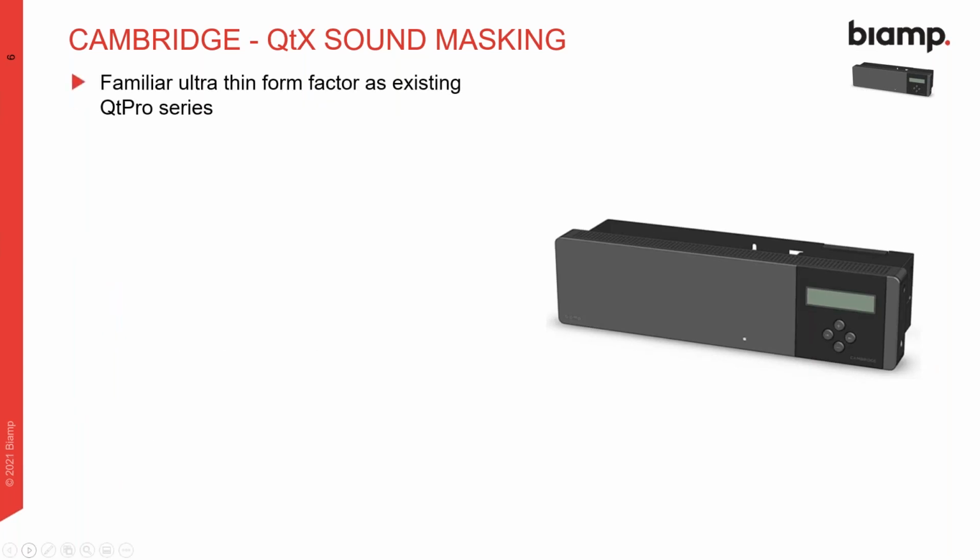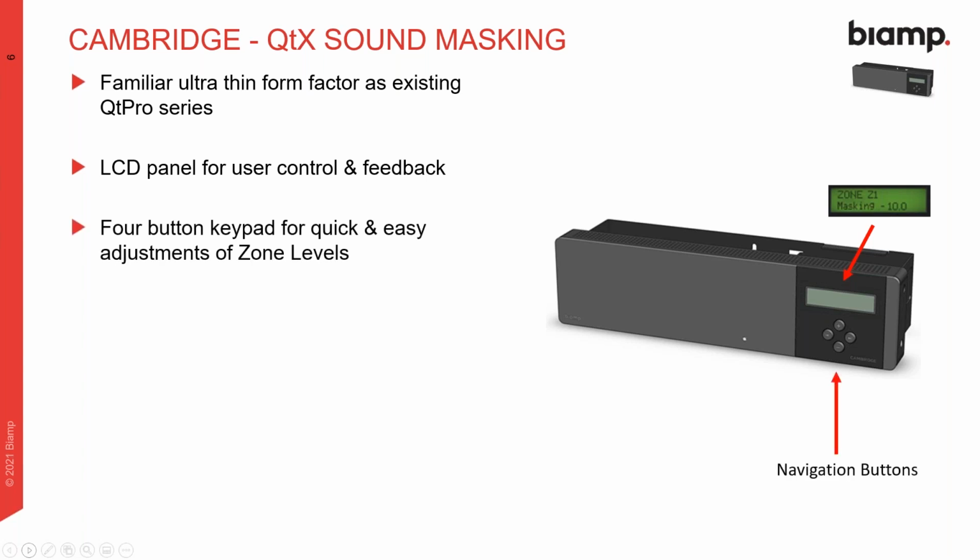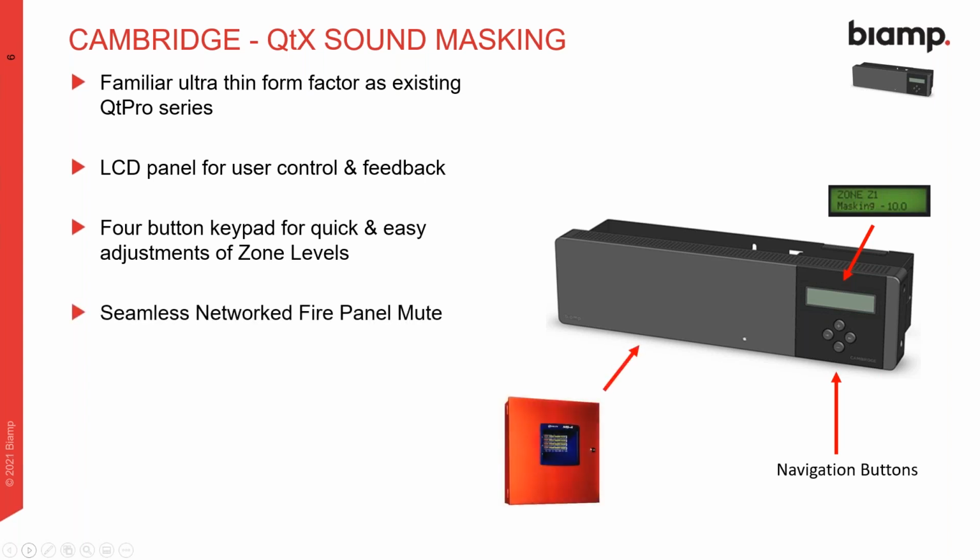So it's built with a very familiar form factor. If you're again familiar with our QT Pro product, this looks very similar, just a new color and rebranded. Going to have the same type of LCD panel readout that the QT Pro product did, 4 buttons for easy adjustment on the front panel.